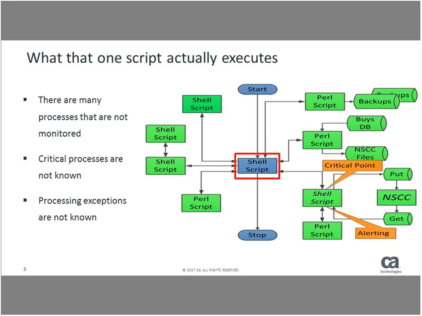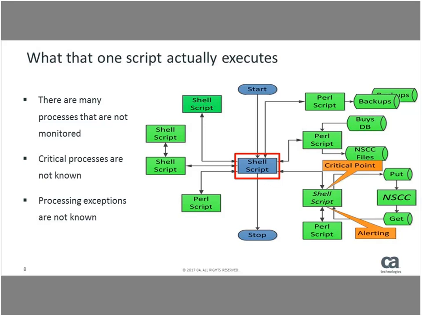That's the one part that, if that one script doesn't run, that one business process doesn't run or runs incorrectly or gets some bad return code, that's the one that you really care about more than anything else. The trouble is, all you've seen from a monitoring standpoint is just that parent wrapper script, so you don't know what all the critical processes are.